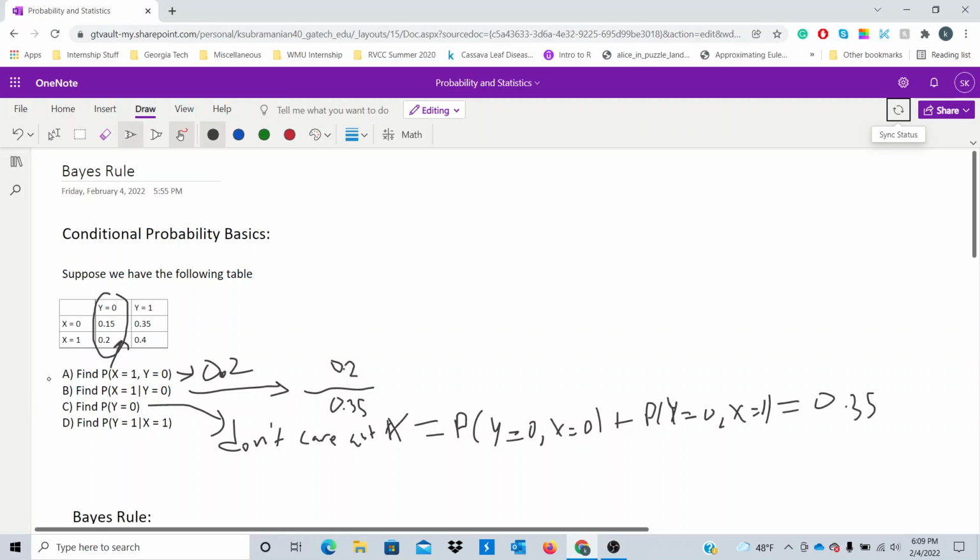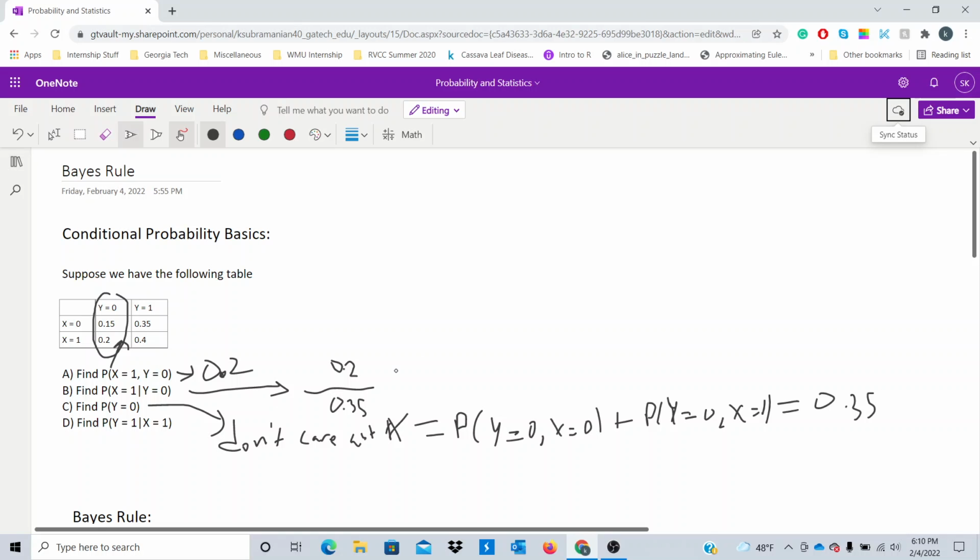Okay, so let's look at parts A, B, and C very carefully. From part A, we have found that the probability of x equals 1 and y equals 0 is 0.2. It's literally reading from the table. And in part C, we have found that the probability that y equals 0 is 0.35. When you look at the answer to part B, we see that it is 0.2 over 0.35. But recall, we've computed 0.2 as the probability of x equals 1 and y equals 0, and 0.35 as the probability that y equals 0.